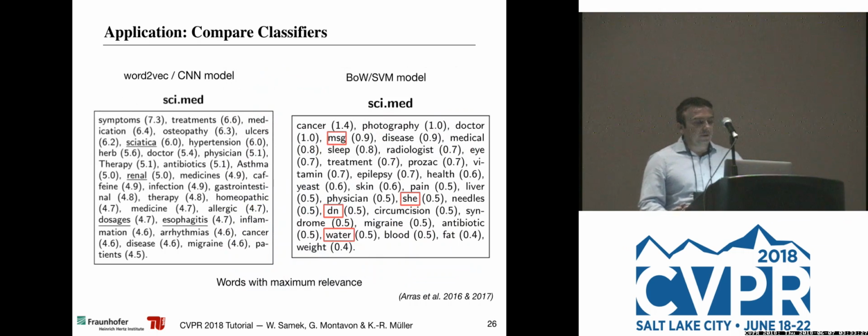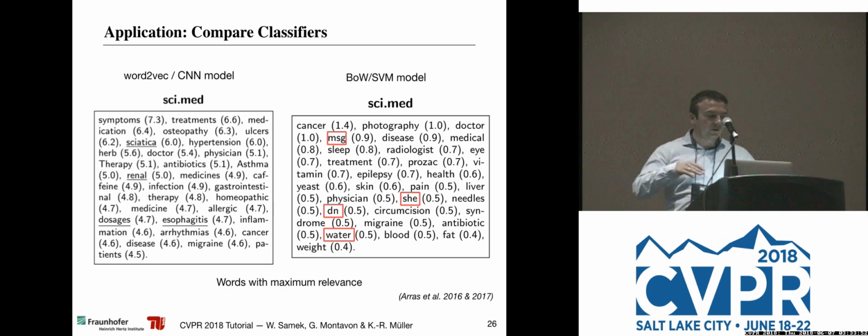Also here, for these two models, we see the most relevant words in the test set. For the class medicine, we see that this CNN word2vec model identifies words like symptoms or treatments as very relevant. It even identifies words which have not been in the training set.